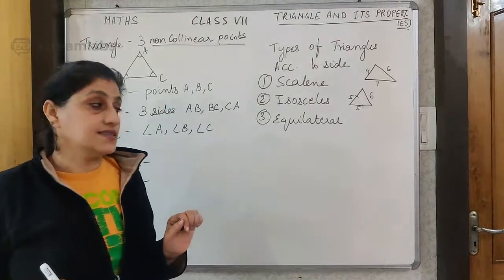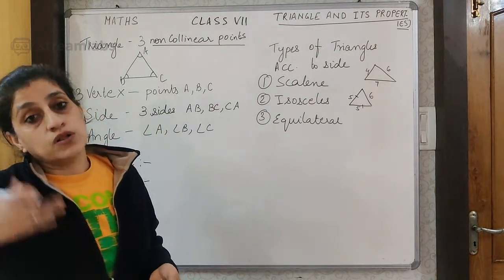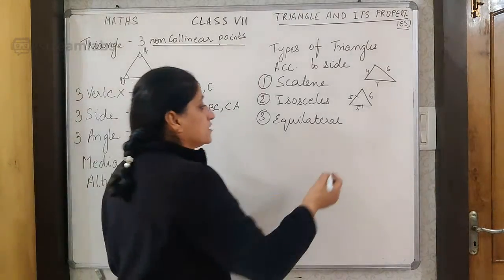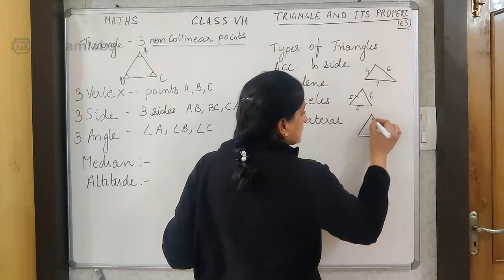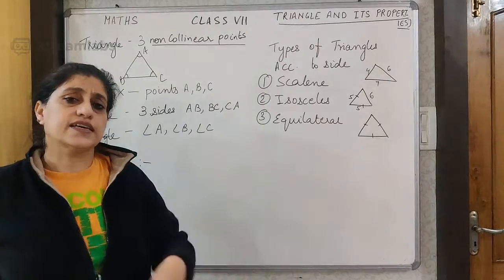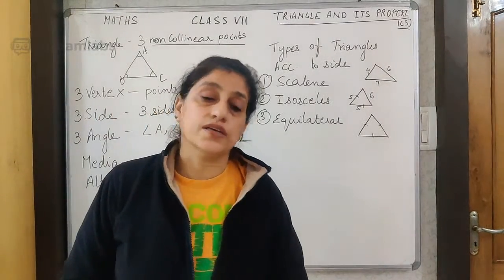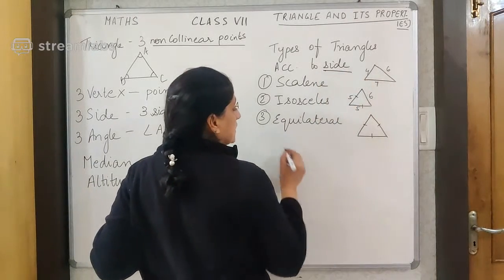Then coming to equilateral triangle, when all the 3 sides are equal to each other, it is called an equilateral triangle. So how will I represent the equilateral triangle? All 3 are equal. It can be 6, 6, 6 or whatever the dimension is. This is the classification of triangles according to the sides.